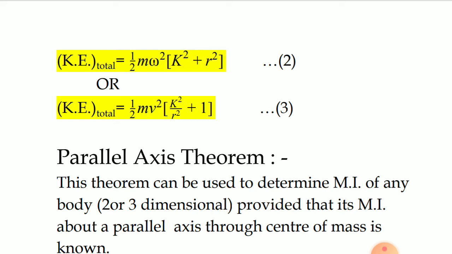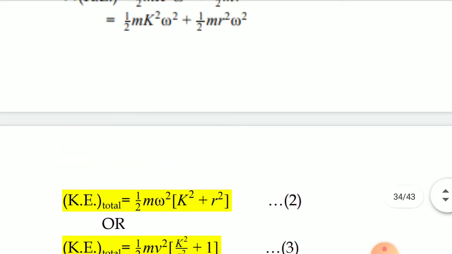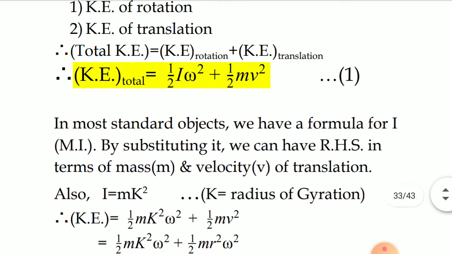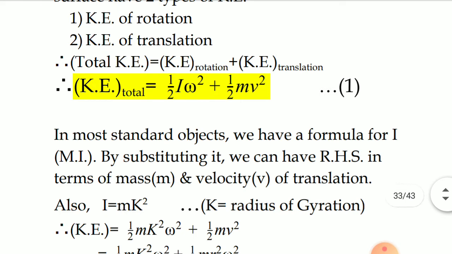Though we are deriving the equation of total kinetic energy like this, in practice, while solving problems, it is easier to take total kinetic energy as half I omega squared, equation number 1 which I can see on my screen, plus half mv squared.